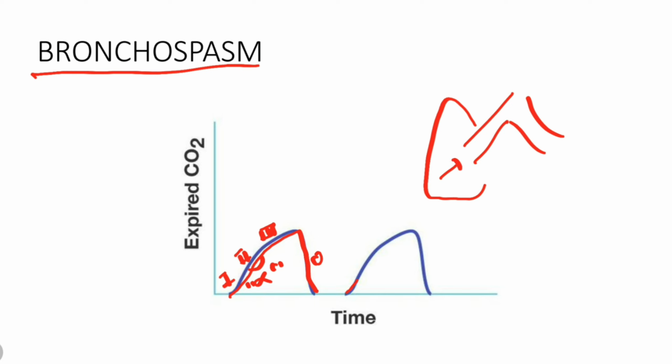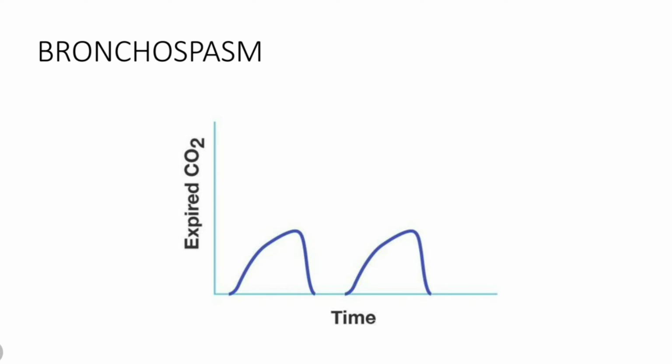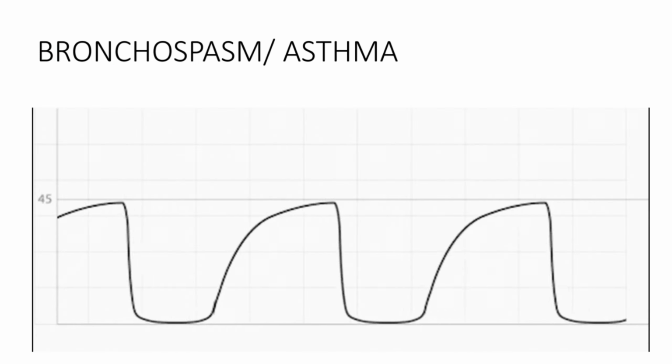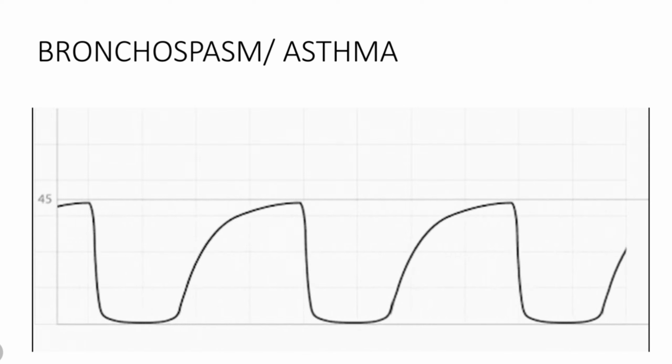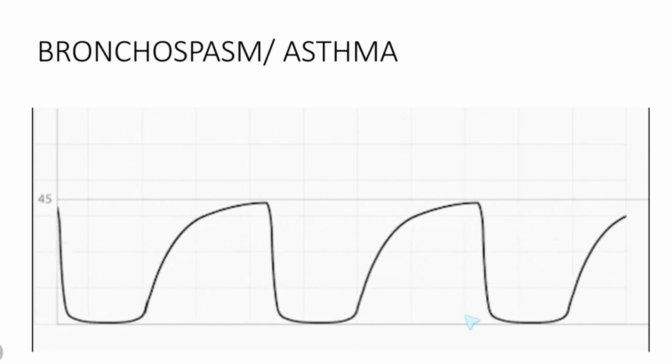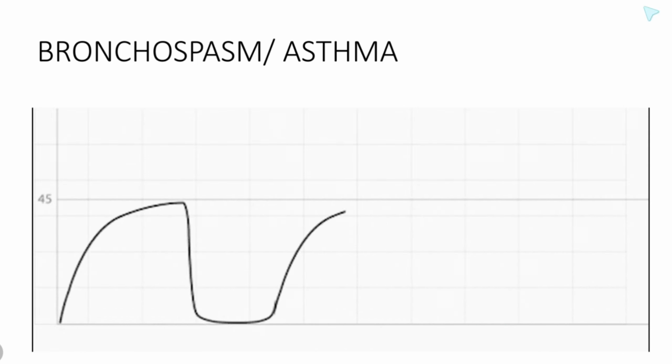So the slope is totally lost, and we cannot even tell where phase 2 and phase 3 are. This is a capnogram of bronchospasm, such as asthma, with the shark fin-like appearance.